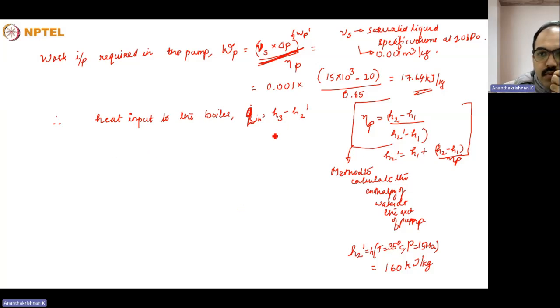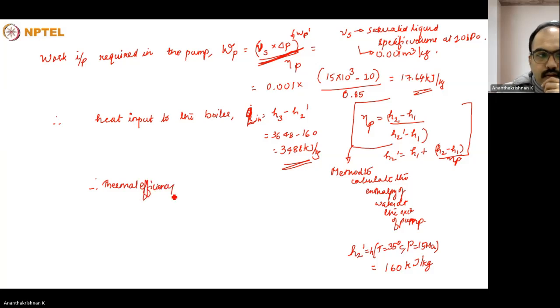Therefore, the heat input to the boiler will be H3 minus H2 dash. H3 we have already calculated in the previous case, so it will be 3648 minus 160. So 3488 kilojoule per kilogram will be the heat input to the boiler. Therefore, the thermal efficiency will be equal to the net work divided by heat input.